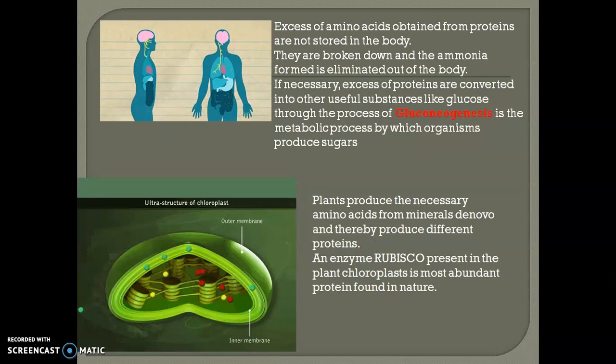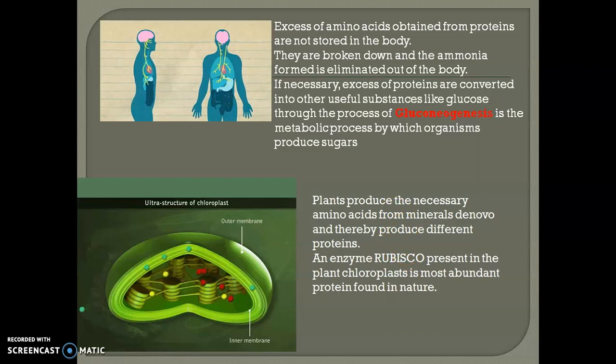Then after the use of proteins, what happens to the excess of amino acids in case of animals? Excess amino acids obtained from proteins are not stored in the body.